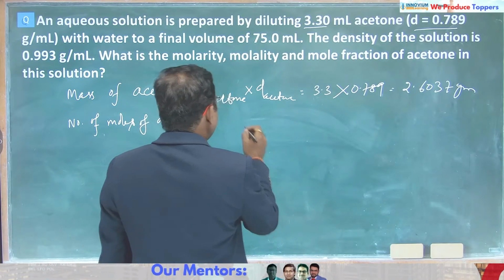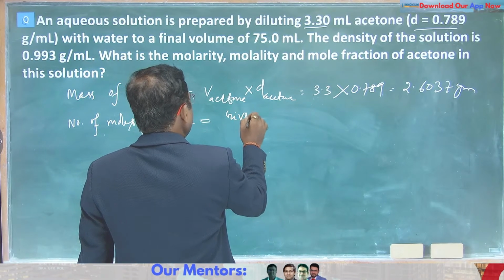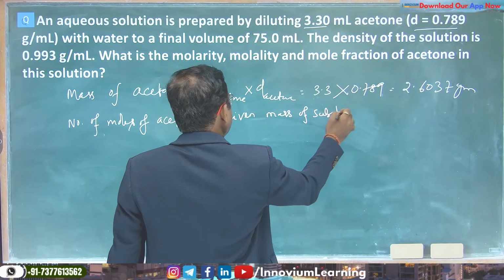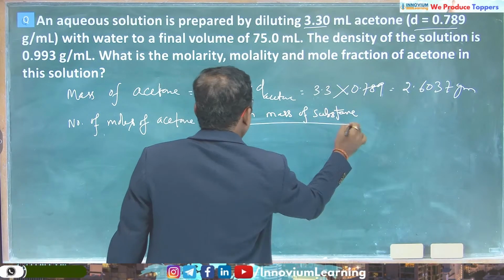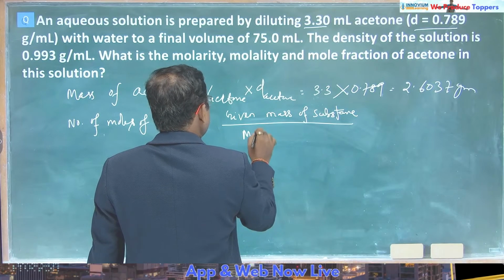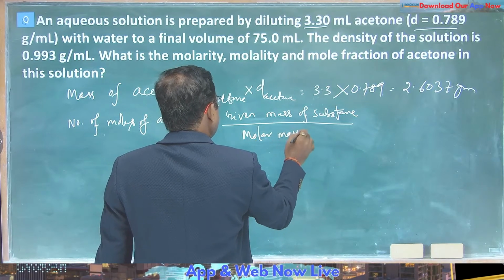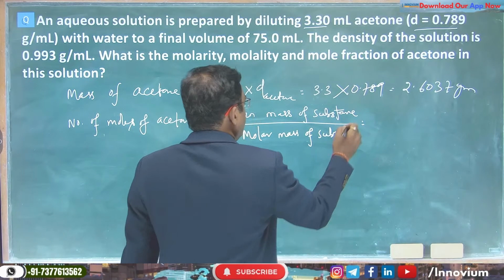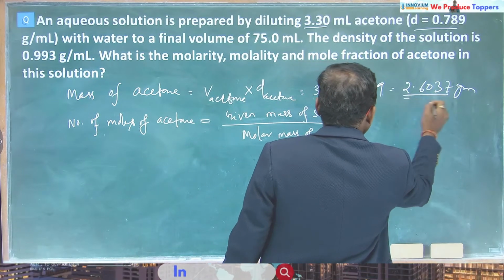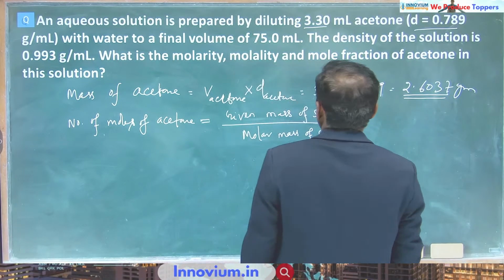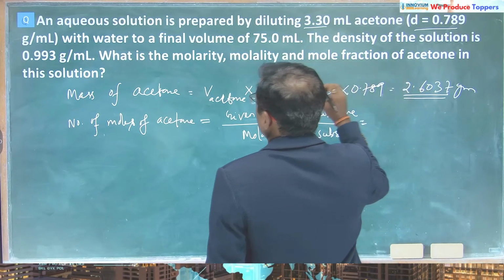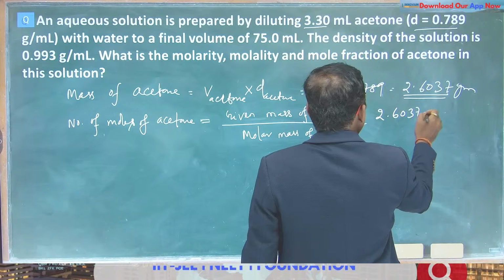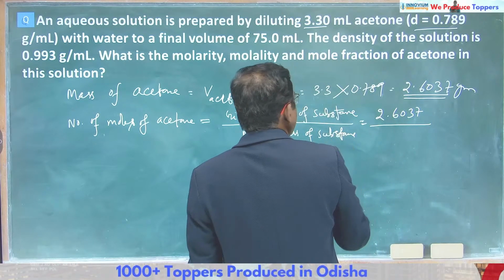Given mass of substance upon molar mass of substance. So the given mass we obtained here for that acetone is 2.6037. Then what is the molar mass?